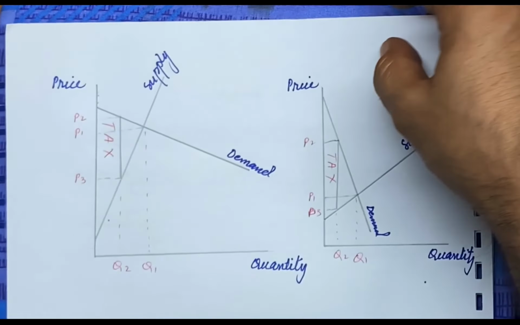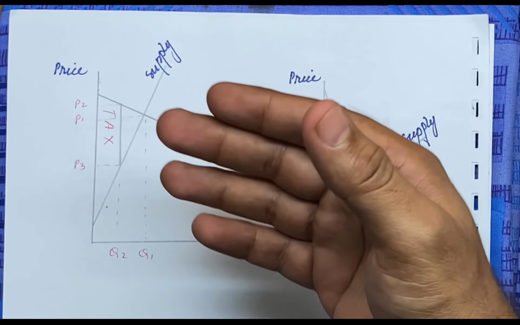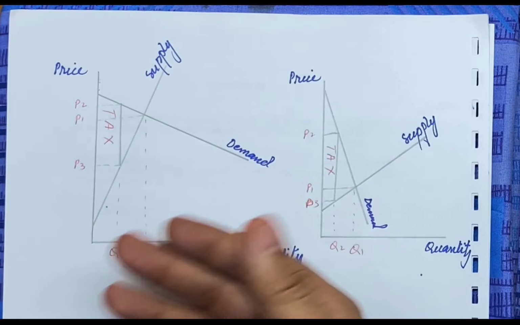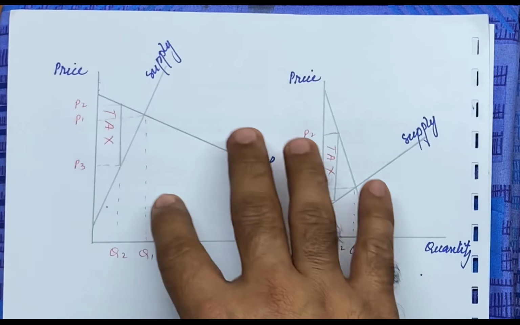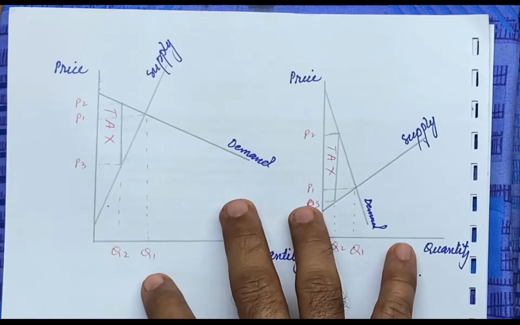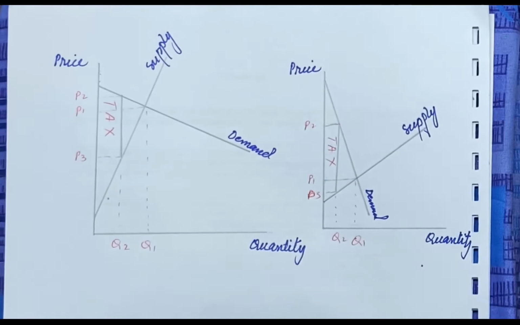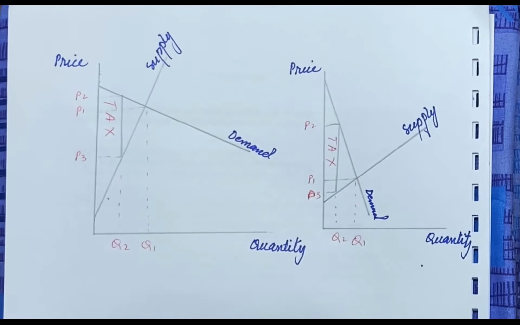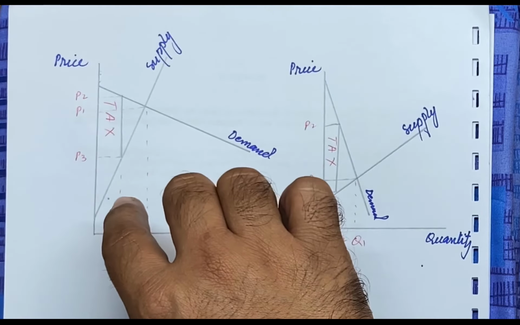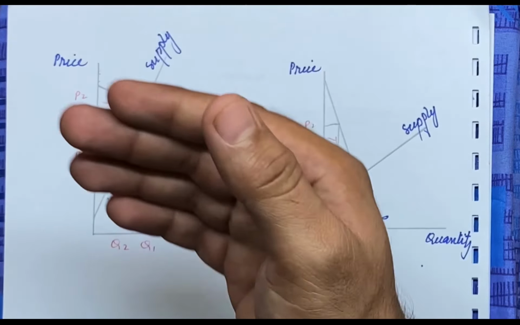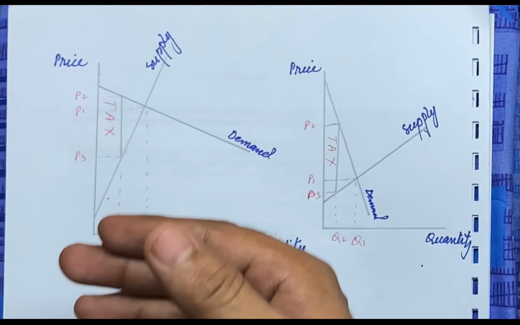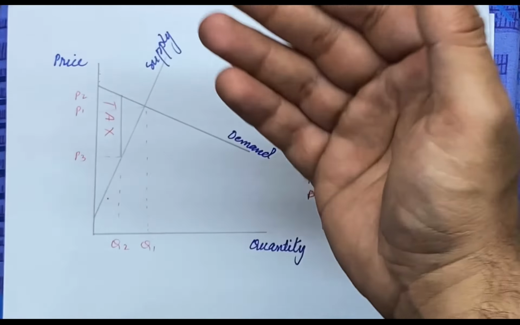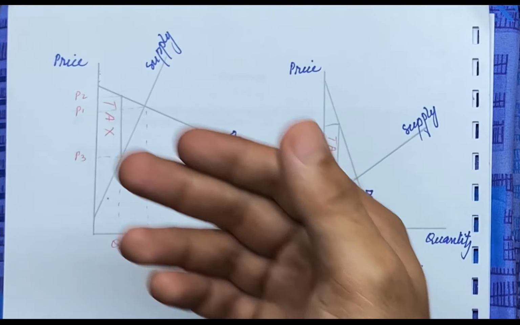How about when there is a difference in the elasticity of demand or supply? What does it mean by elastic and inelastic? You can go to my topic on elasticity, but for just understanding, inelastic means if the price changes, there is very little change in supply or demand.